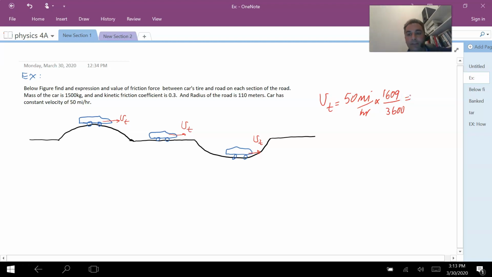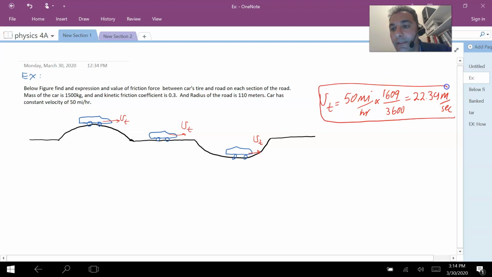That's my first job. 50 times 1609 divided by 3600. The answer is 22.34 meters per second. This is my tangent speed, the tangent velocity that the car actually goes with at a constant value everywhere.